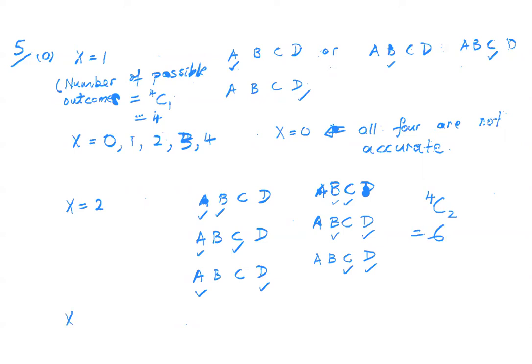So when X equal to 3, the number of possible outcomes will be 4C3, which is also equal to 6. 4C0 is only one outcome. 4C0, you get 1.